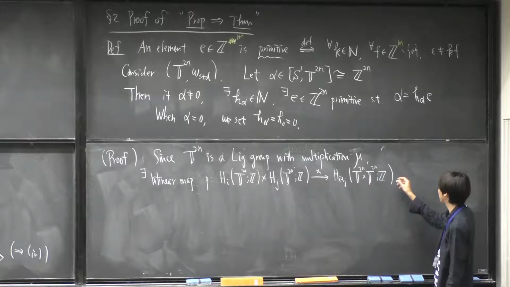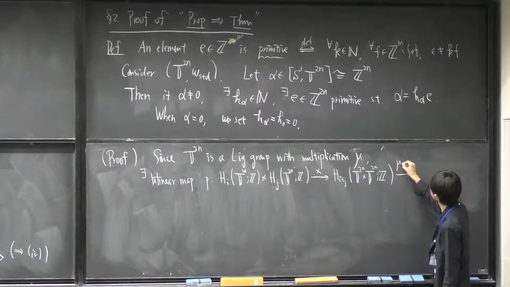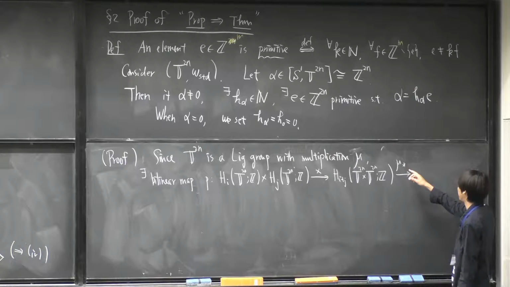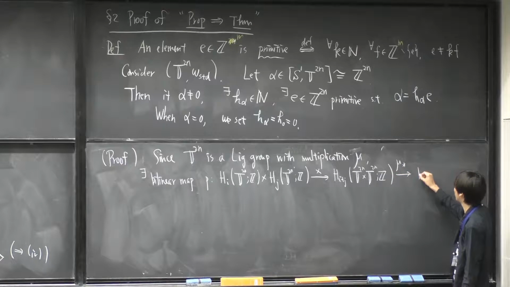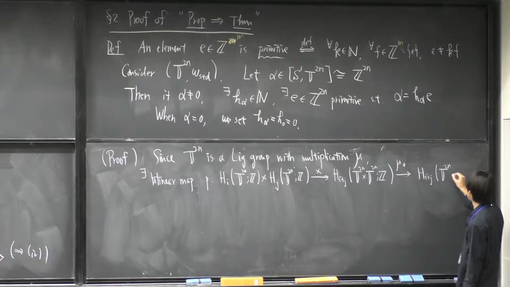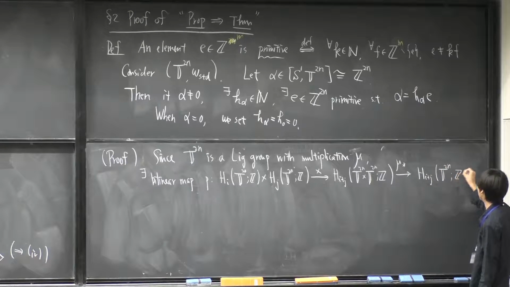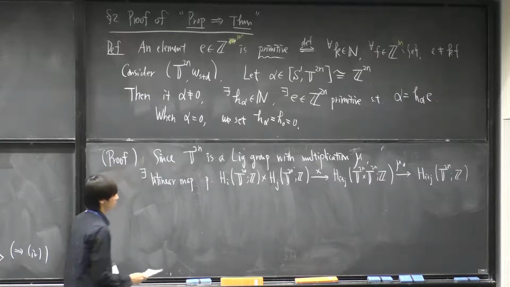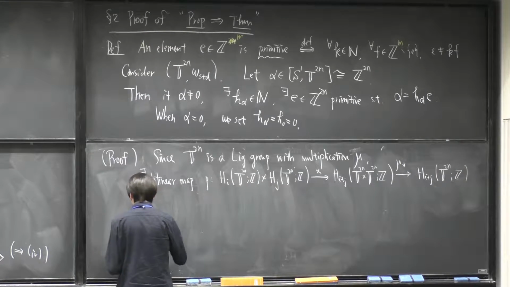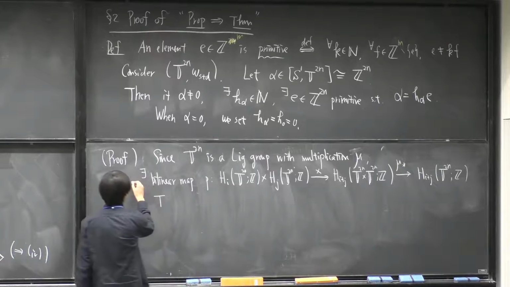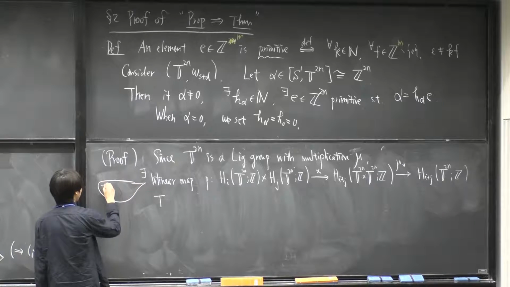And from this homology group, we have a homomorphism induced by mu. Namely, the target is the homology group of T to M. And P is the composition of these maps. And this P is called the Pontryagin product.